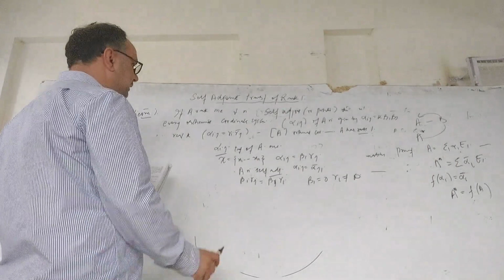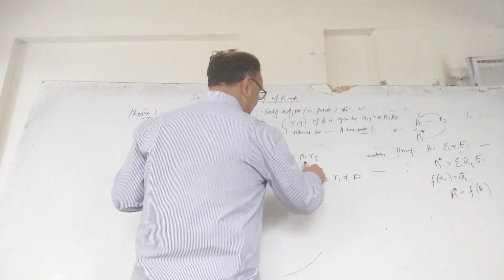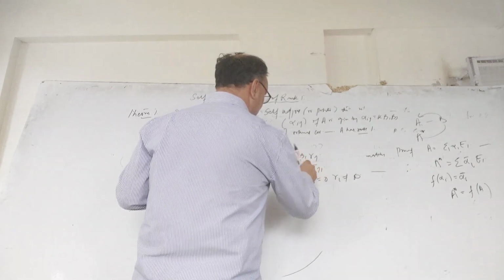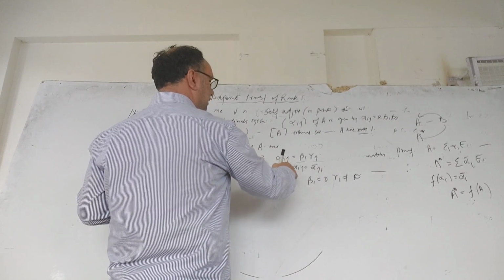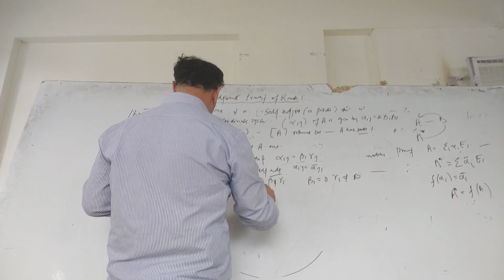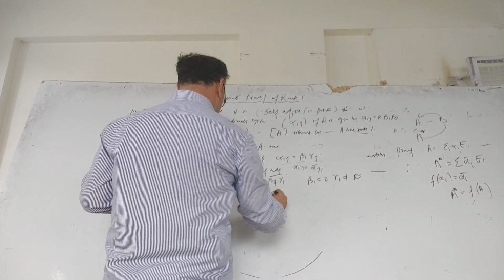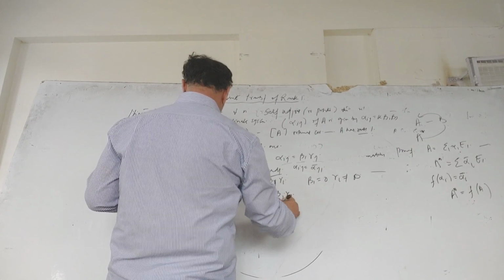Then beta j can be defined in terms of this and this.